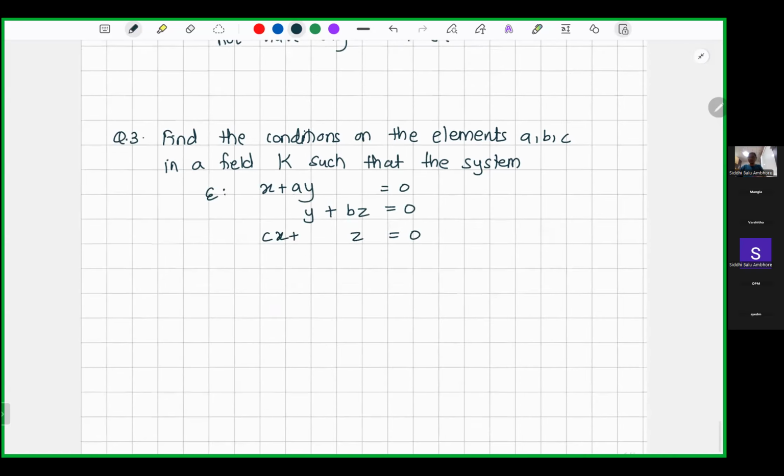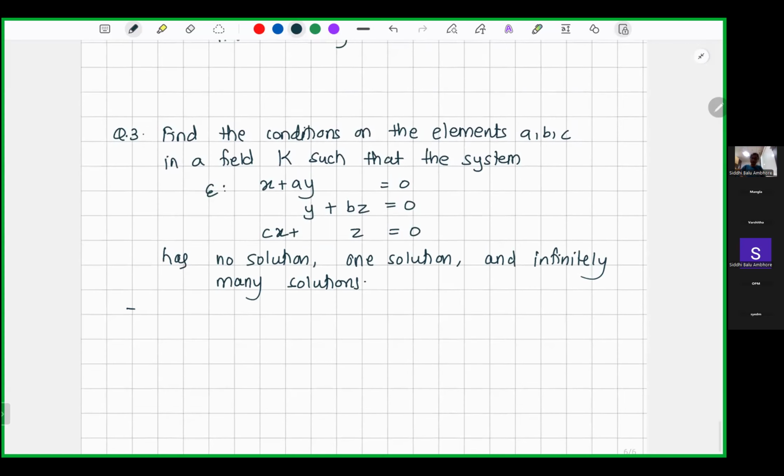The reason I wrote this is that it will be easier for us to write it in the matrix form.